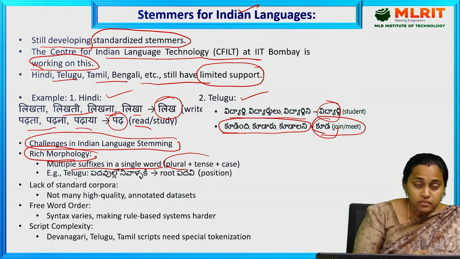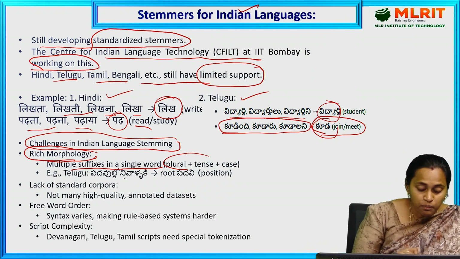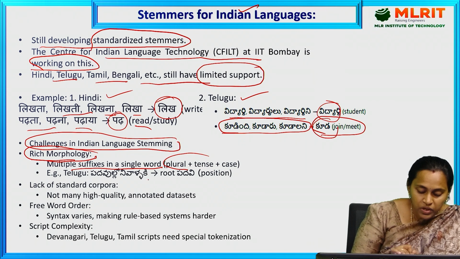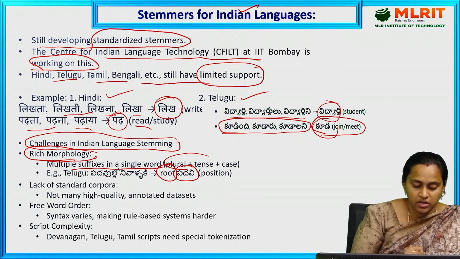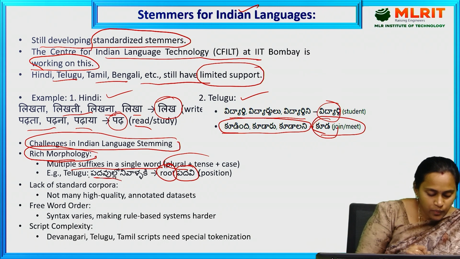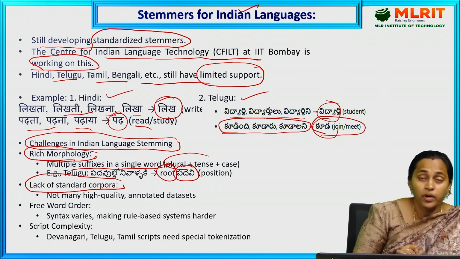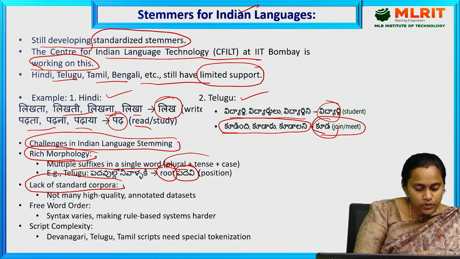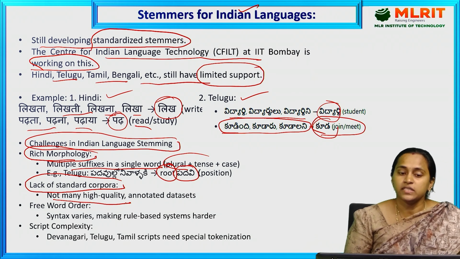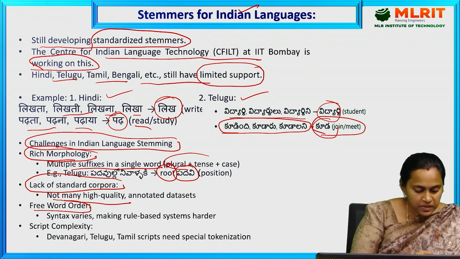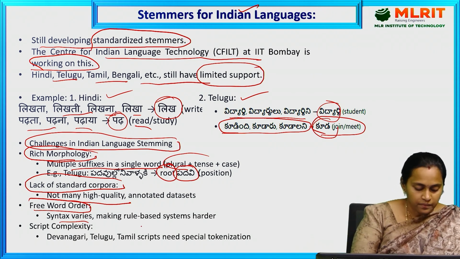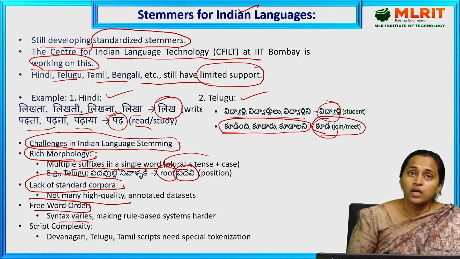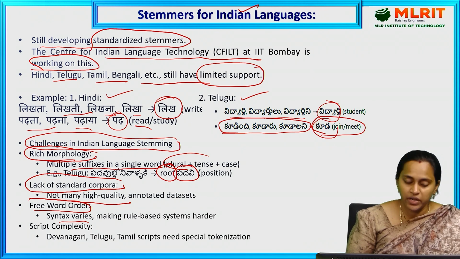Here, in Telugu, Padavullo unna vallaki, the root is Padavi, that means position. Next, lack of standard corpora. Corpora means databases, and there are not many high-quality datasets. It requires datasets. Free word order means syntax varies, making rule-based systems difficult. We have to follow the word order depending on the surrounding text.